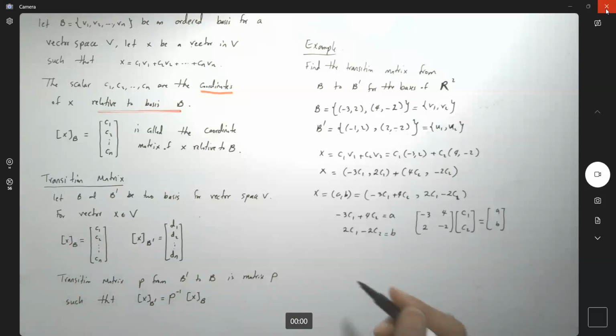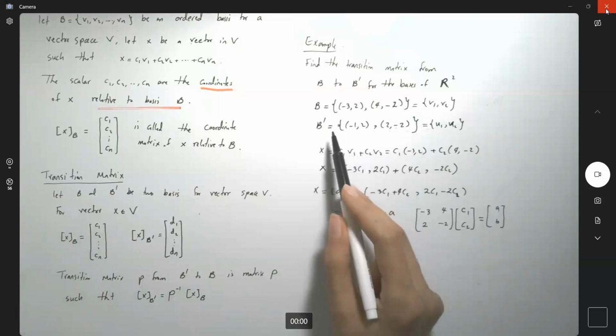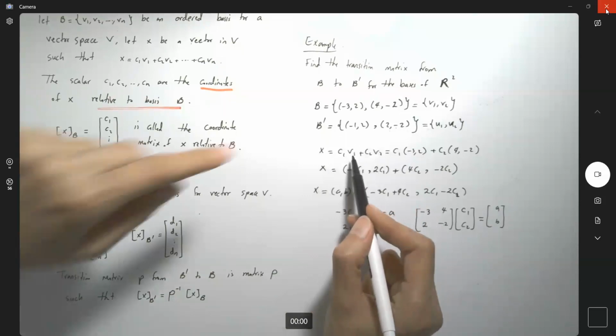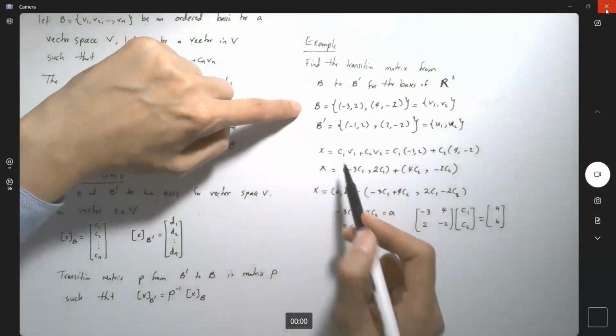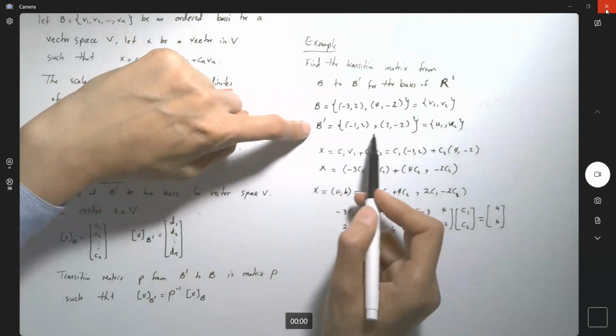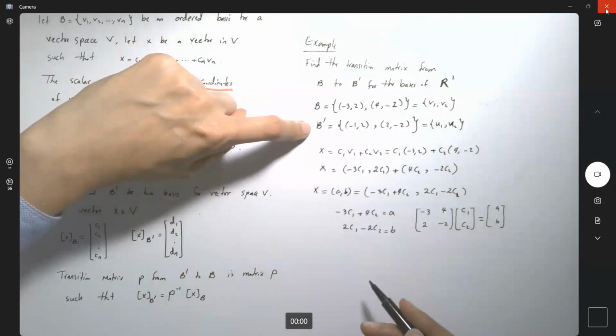What we can do here is write the coefficients of B prime as well. What do I mean by that? Think about it this way. Here, you are writing x using the elements of basis B. Now write x using the elements of basis B prime, the same process.